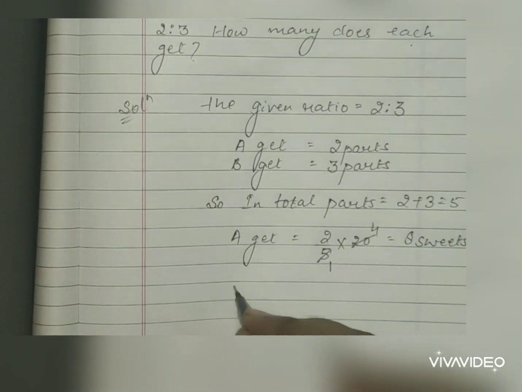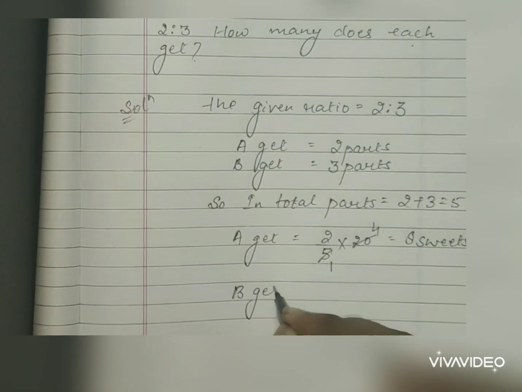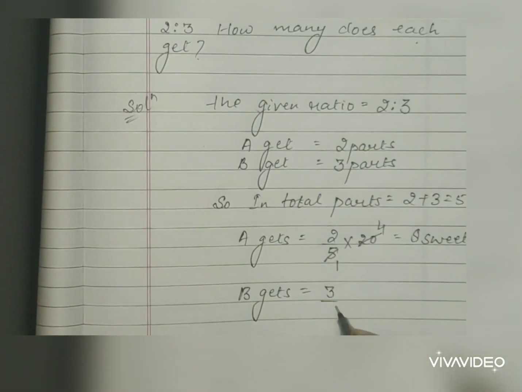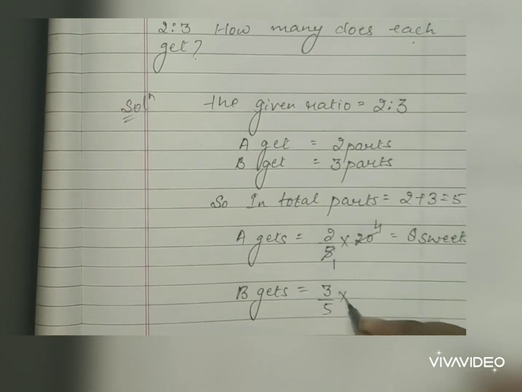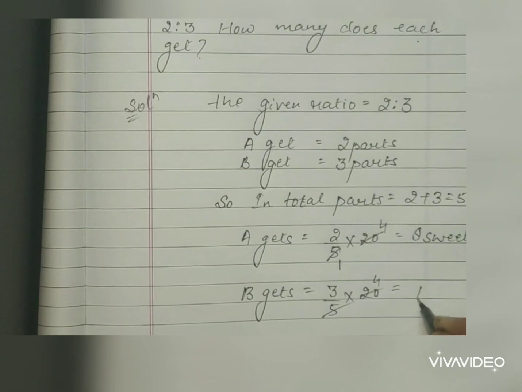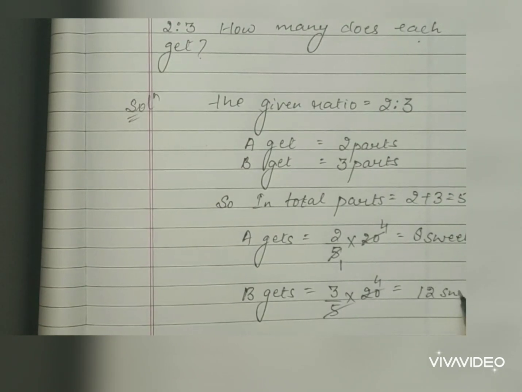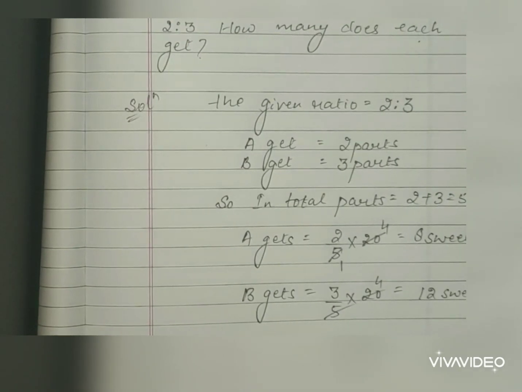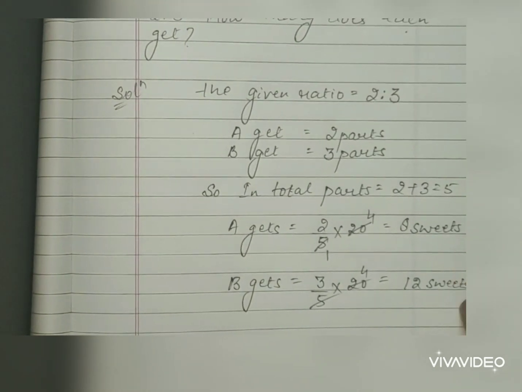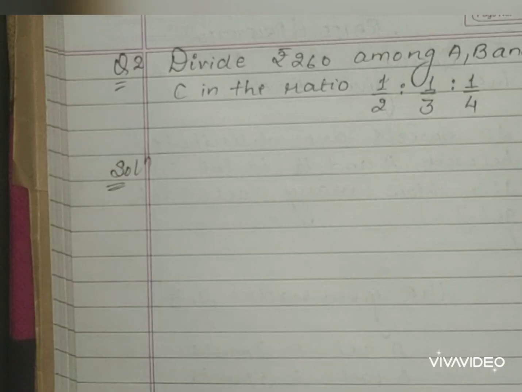Okay, and B gets 3 by 5 into 20, means 12 sweets. So our answer is 8 sweets and 12 sweets.